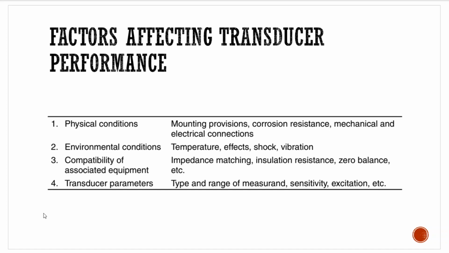Also environmental conditions like temperature, shock or vibrations may affect the change in resistance. Say for example we are dealing with a potentiometer. In a potentiometer, some force is being applied that actually causes the resistance to change, but we are not taking into consideration the temperature at which we are performing this experiment.